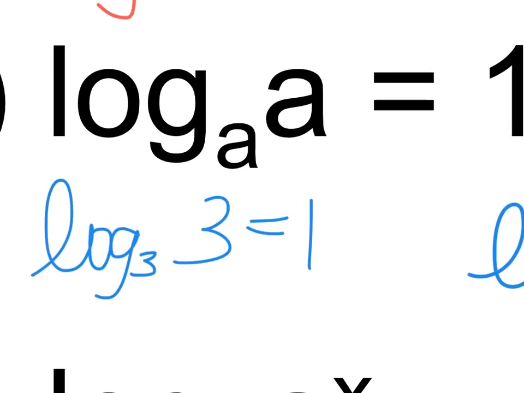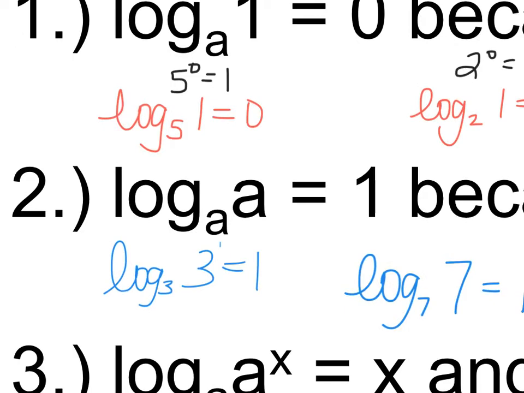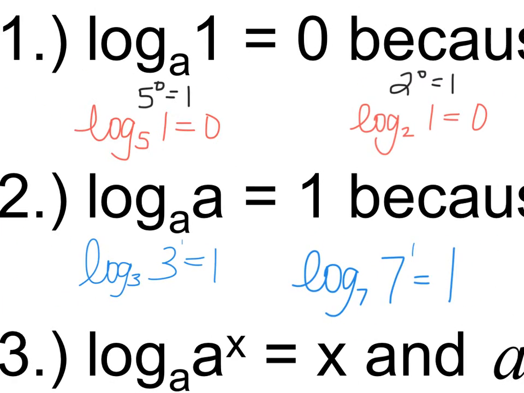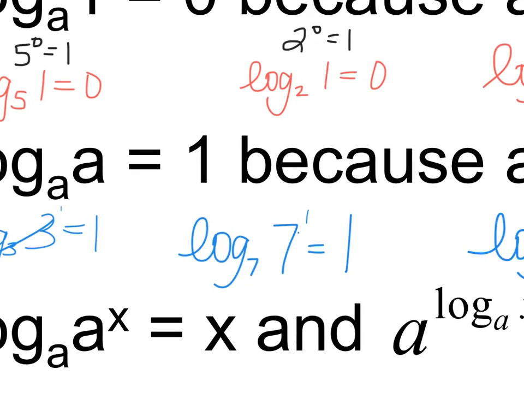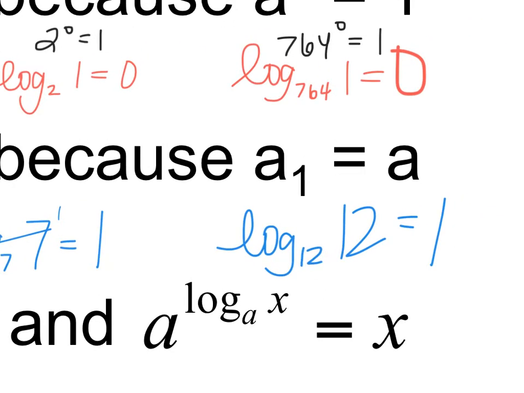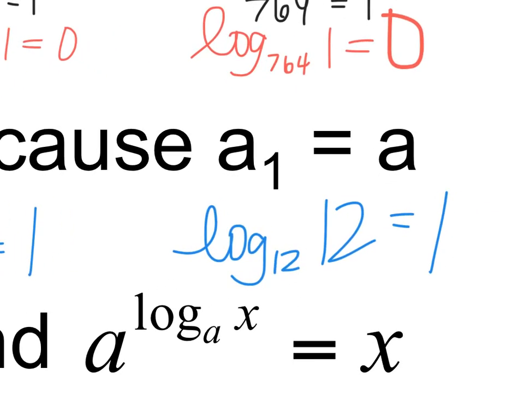What did I tell you that logs and exponentials are of each other? Inverses. So if I have log 3 of base 3, what happens to them? They cancel out. If I have log 7 of base 7, what happens to them? They cancel out. What is the exponent on just a plain constant? It's 12 to the what power? 1. So that's why it's just 1.